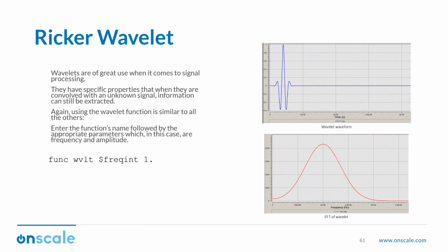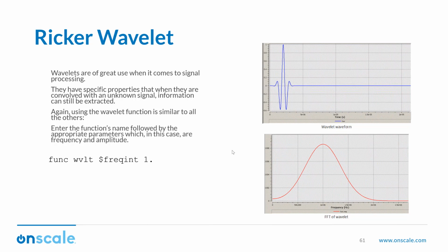Then you have the Ricker wavelet, which is used very frequently in OnScale examples because this is one of the most versatile types of input. It resembles a lot the Blackman-Harris, so sometimes it's more or less equivalent to use one or the other.